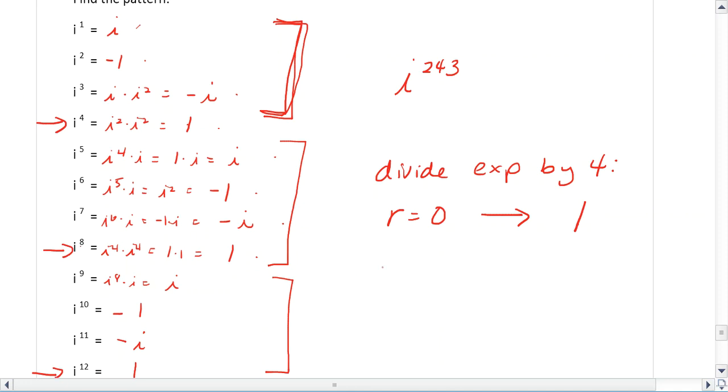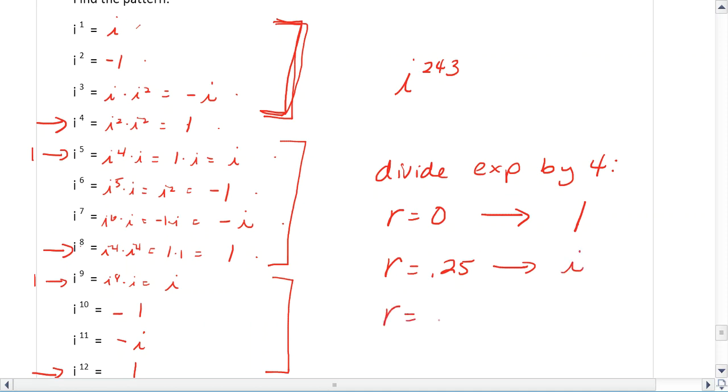So what if we divide on our calculator and the remainder is 0.25 or 1/4? That would be like if you divide 5 by 4, you'd have a remainder of 1. So right here is the remainder of 1. Right here is the remainder of 1. So when there's a remainder of 1 or 0.25, the answer is i.